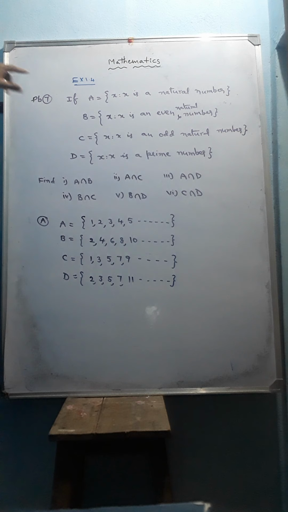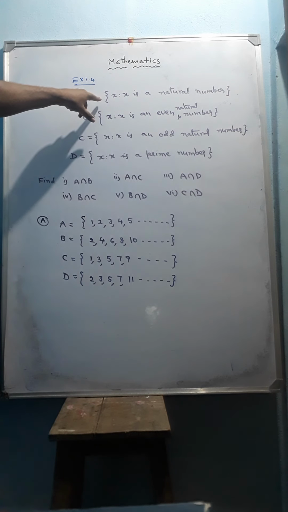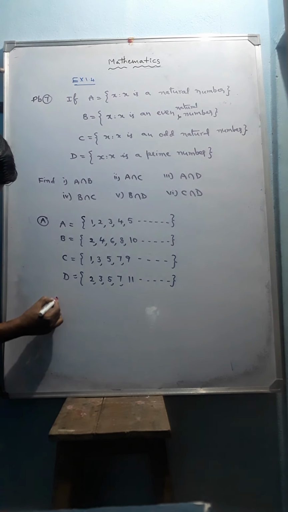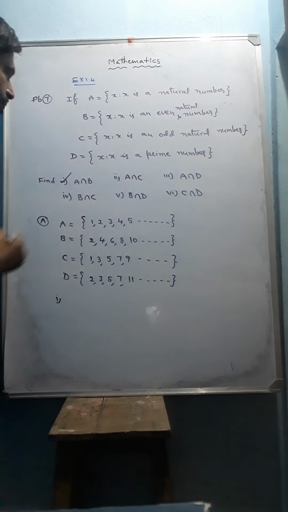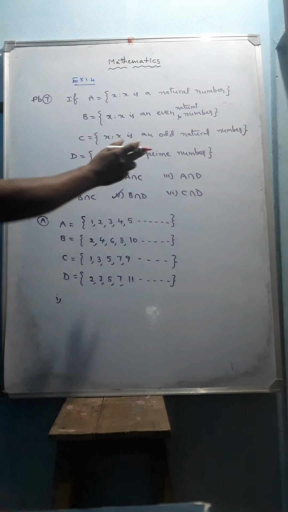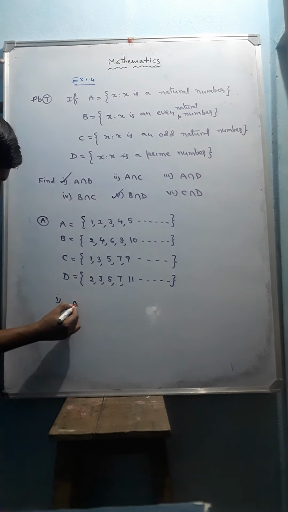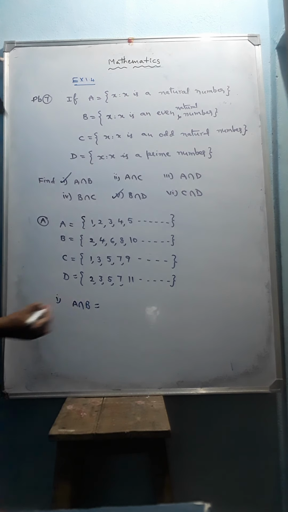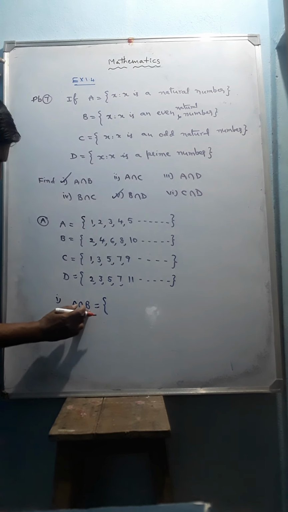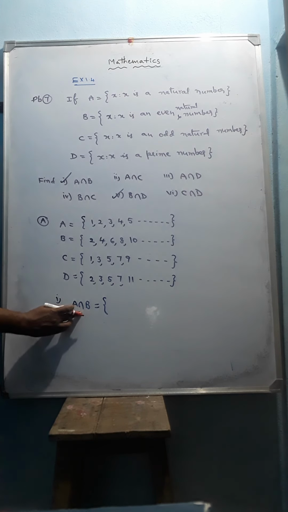Okay, so given set builder forms I converted as roster forms. Now you can find out. So problem number 1 I will solve. So problem number 5 I will solve. Remaining problems you can solve. So A intersection B, that is equal to, so in A set and B set which are common, those elements only you should write.